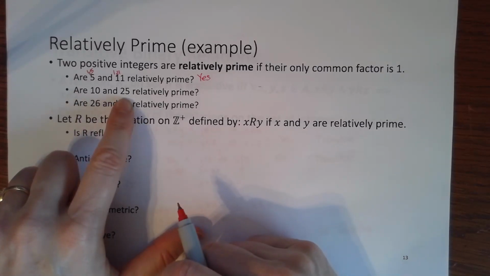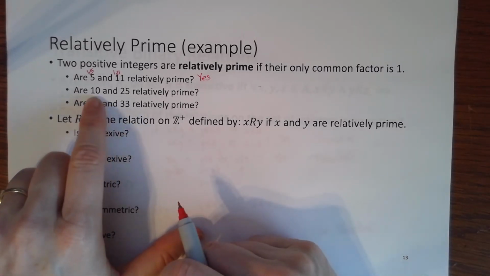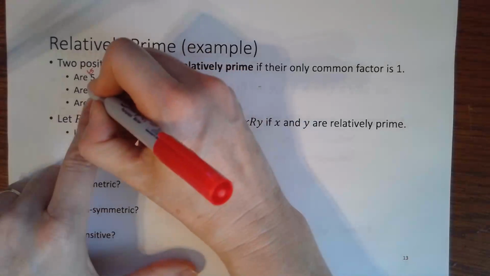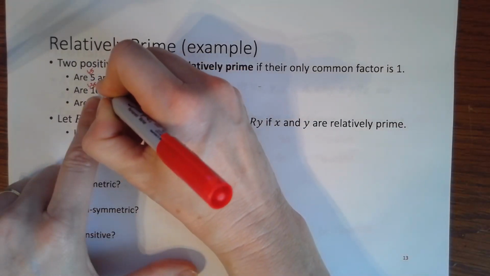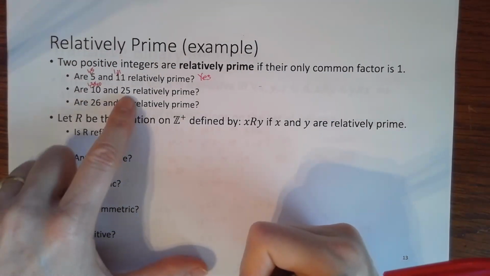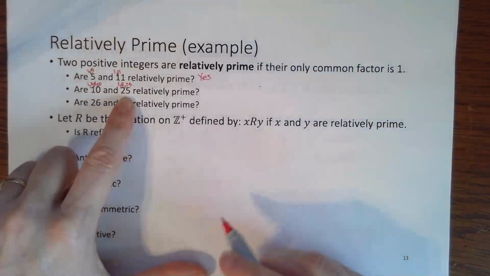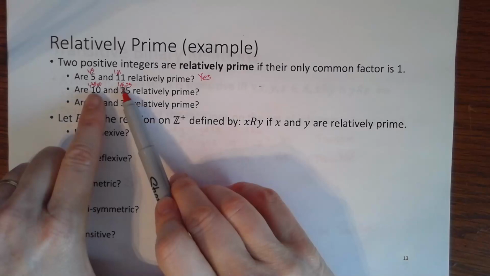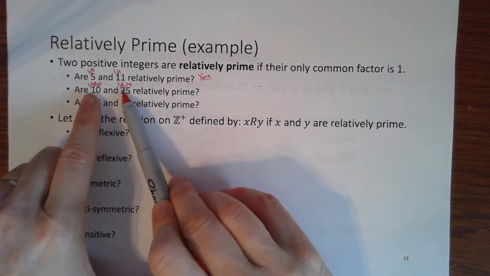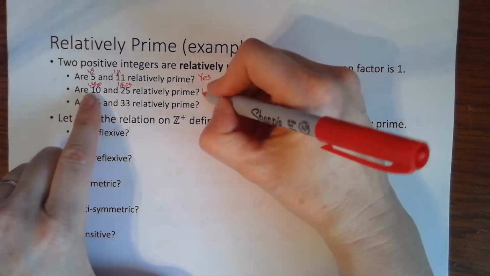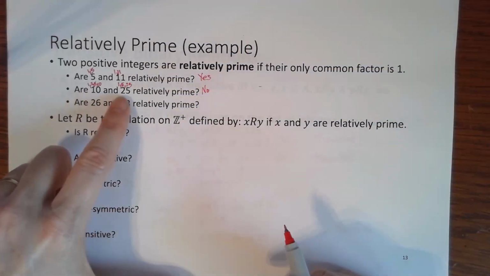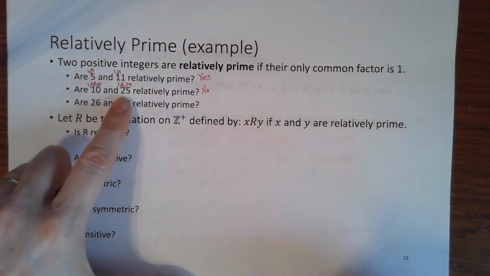Are 10 and 25 relatively prime? The factors of 10 are 1, 2, 5, and 10. The factors of 25 are 1, 5, and 25. They both have 5 as a common factor, so these are not relatively prime. They are also not prime numbers, so maybe that makes sense.